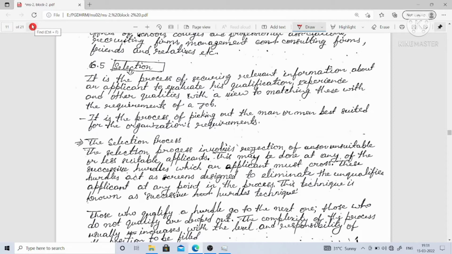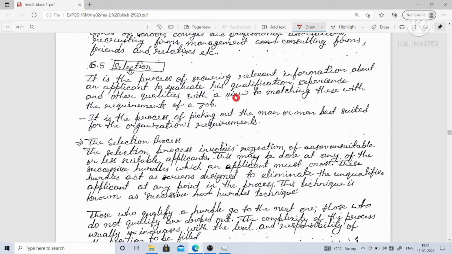The qualification, experience and other qualities of the candidates or the applicants are evaluated with a view to matching this with the requirements of a job. It means that in the selection process, whether the qualification, experience and other qualities of the applicants match the requirements of the job or not, that evaluation is done.